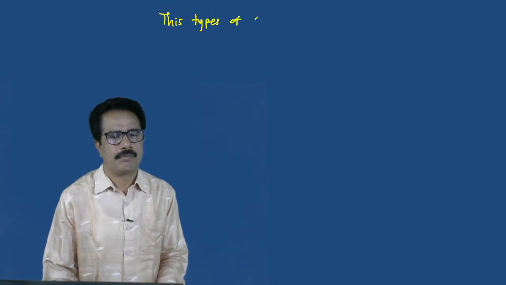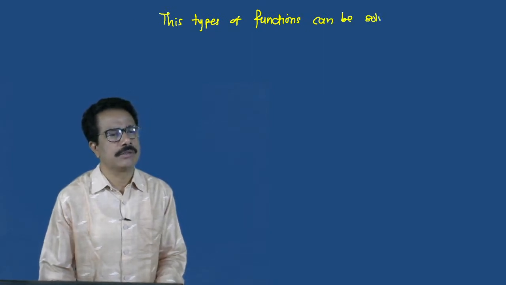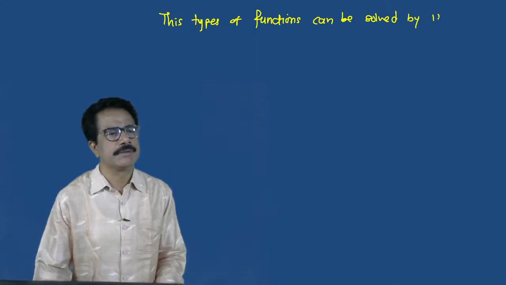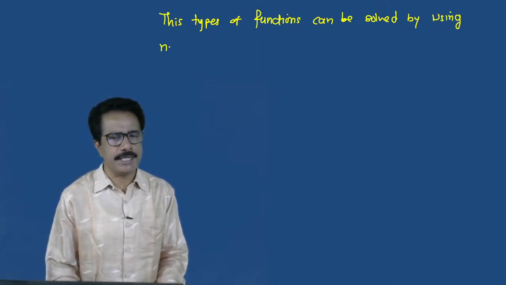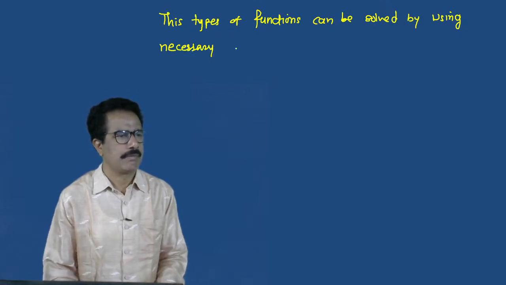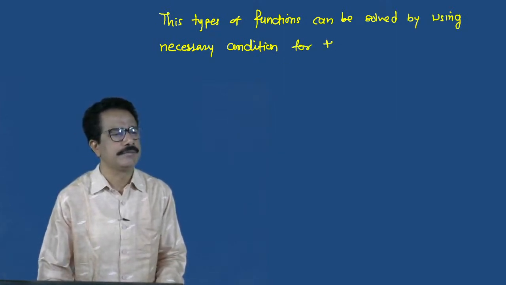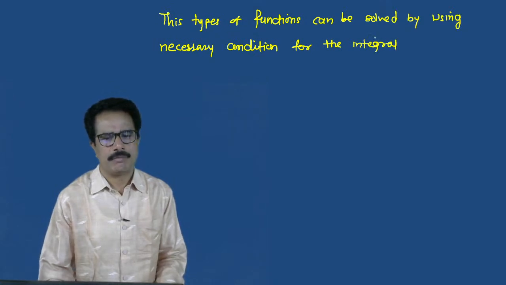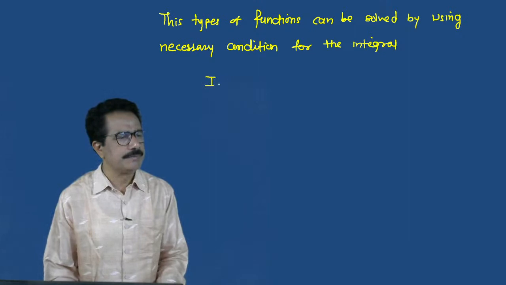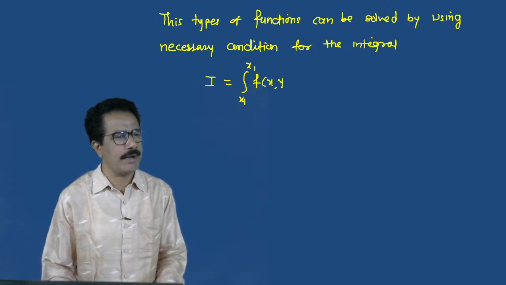This type of problem can be solved by using the necessary condition for the integral I equal to integral from x1 to x2 of f of x comma y dash dx.